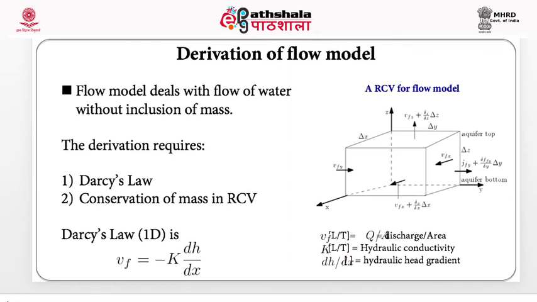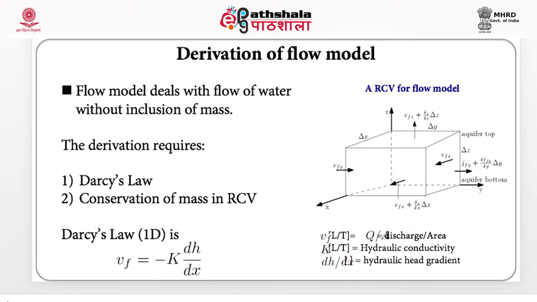Darcy's law is a very simple water transport statement, which states that the specific discharge, Vf, equals K, the hydraulic conductivity, times the ratio of head difference over the change in distance x.